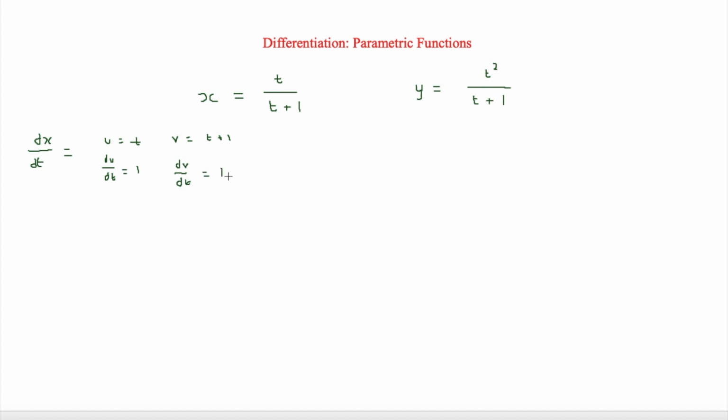Therefore, we use our formula to get v times by du over dt, that's going to be t plus 1 minus t over v squared, which is going to be t plus 1 squared. We don't need to square it at the moment, and that is going to be equal therefore to 1 over t plus 1 squared.